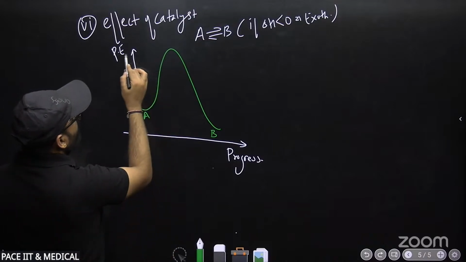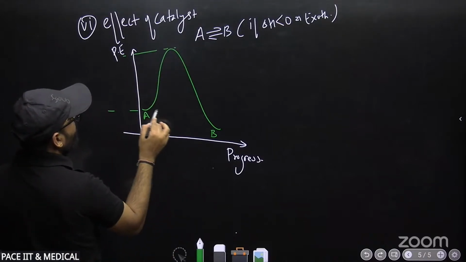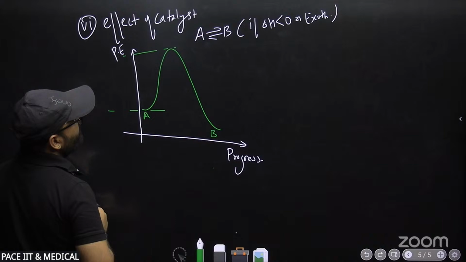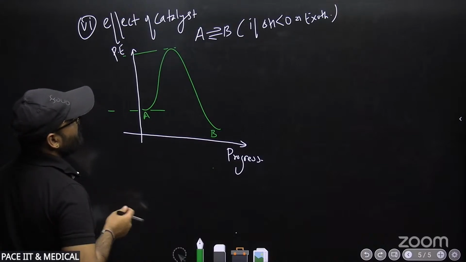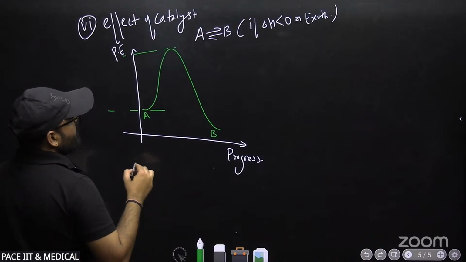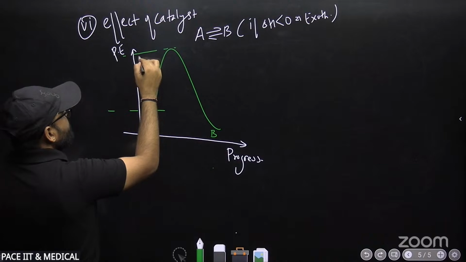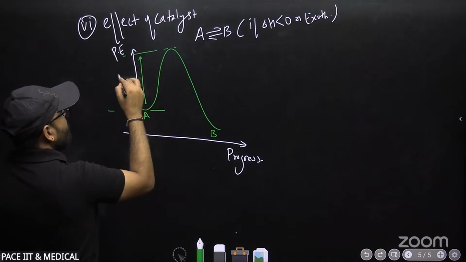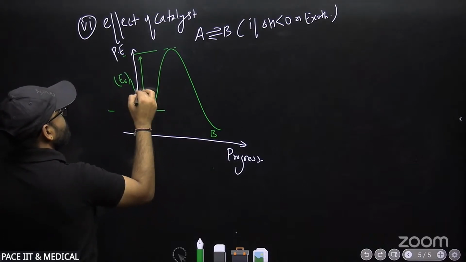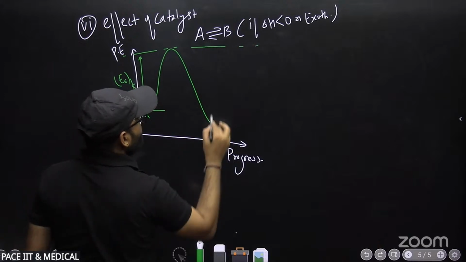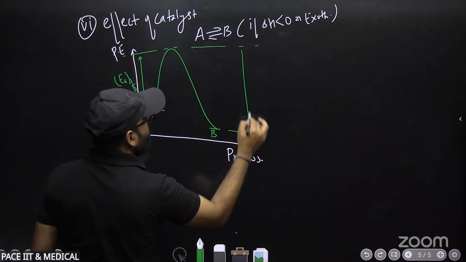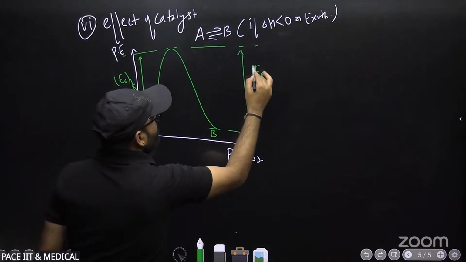Now what will happen due to catalyst? What will be the effect of catalyst? This is EA, but EA which one? Forward. This is EA forward, and this one is EA backward.